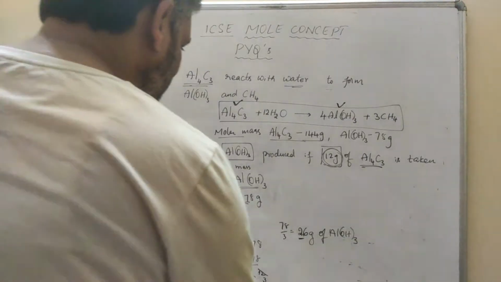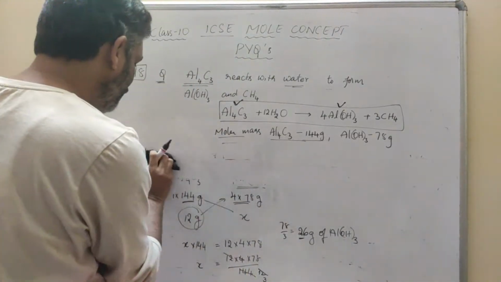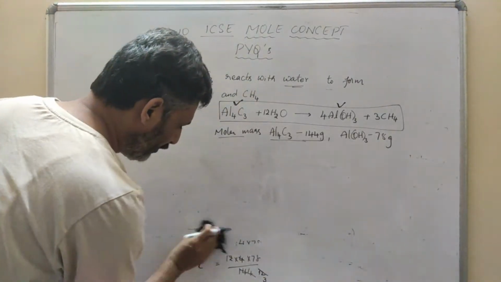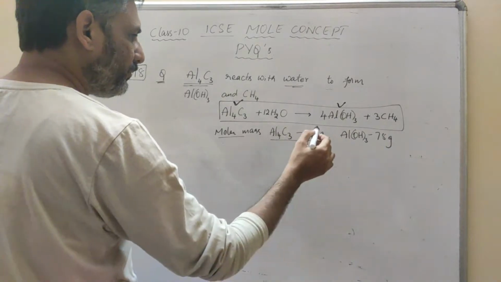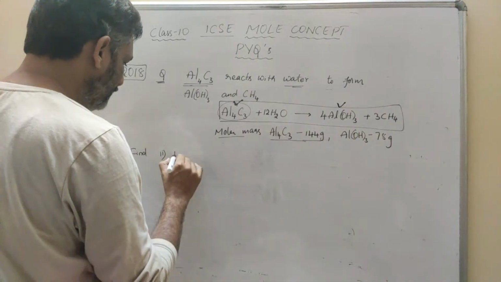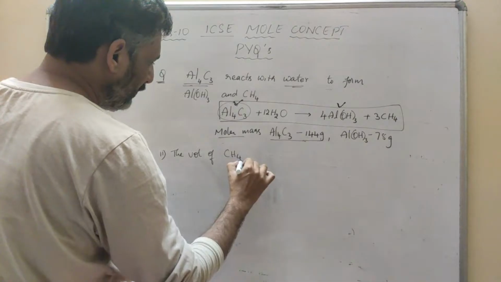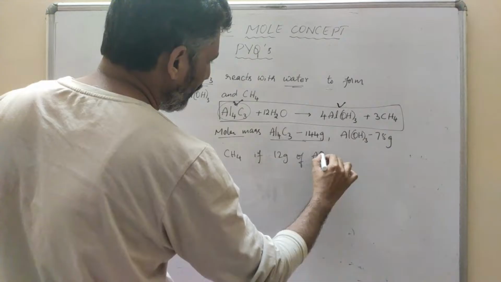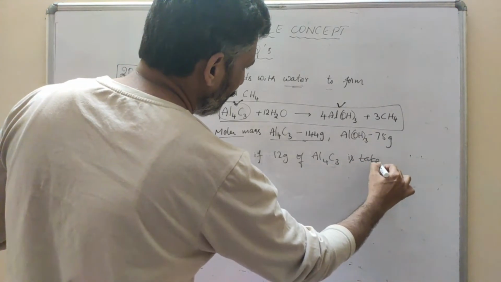Second bit: you have to find the volume of methane in the same case, if 12 grams of aluminium carbide is taken in the reaction.